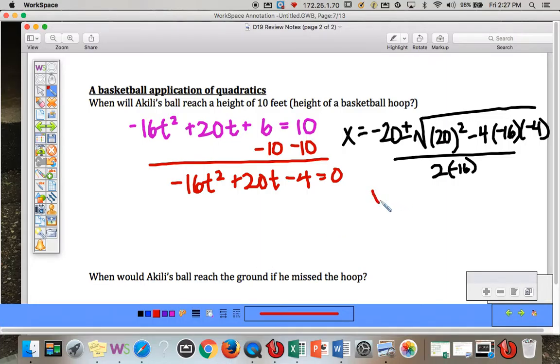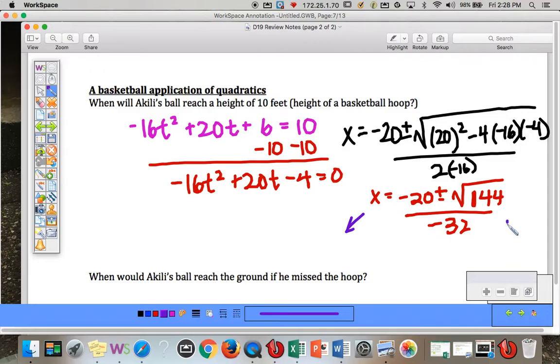Calculate our three numbers. X equals negative 20 plus or minus the square root of 20 squared minus 4 parentheses negative 16 negative 4, which is 144, over negative 32. Let's break it up and find both answers.